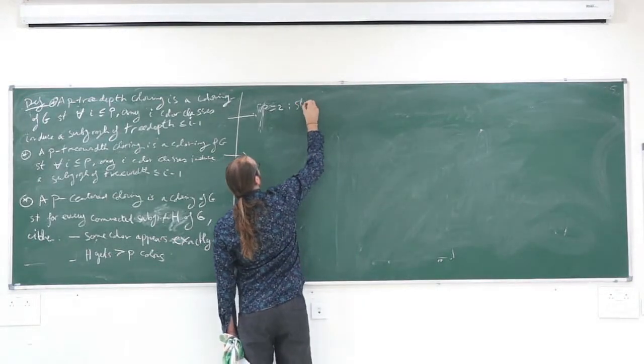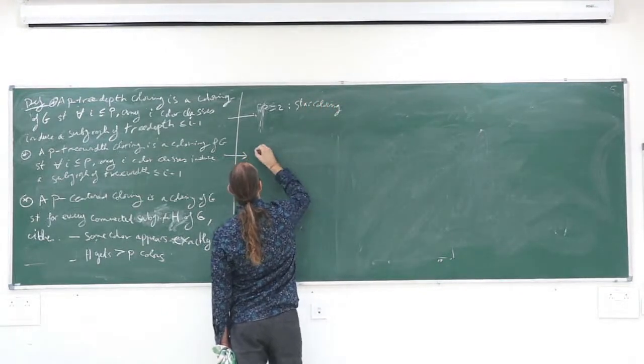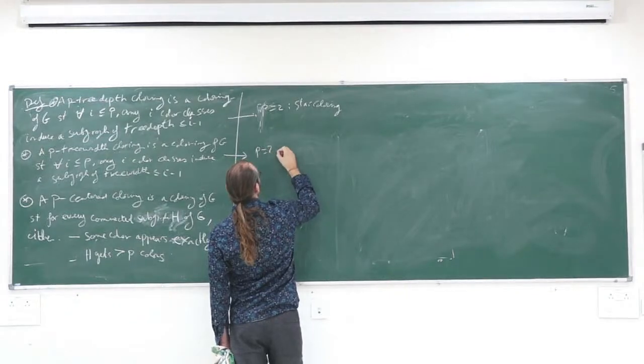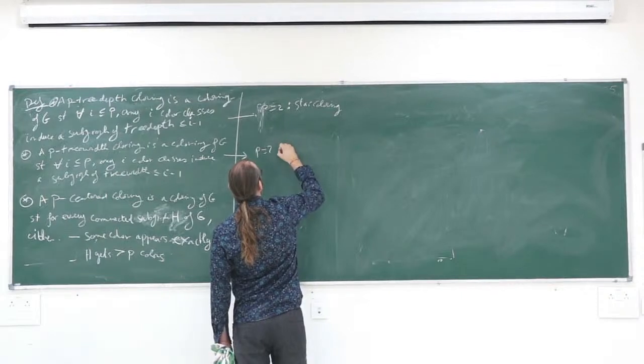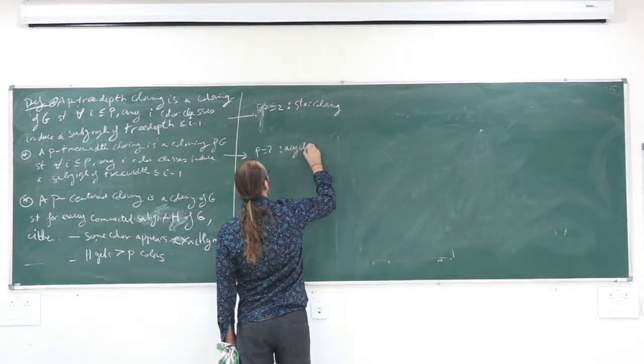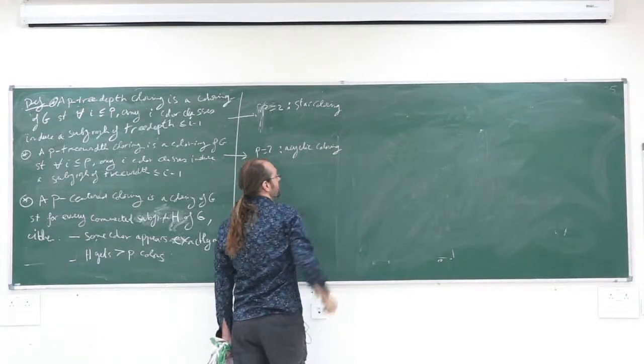So this is called a star coloring, if you know about that. And this one is called acyclic coloring. Acyclic coloring means it's a proper coloring, and any two color classes induce a forest.